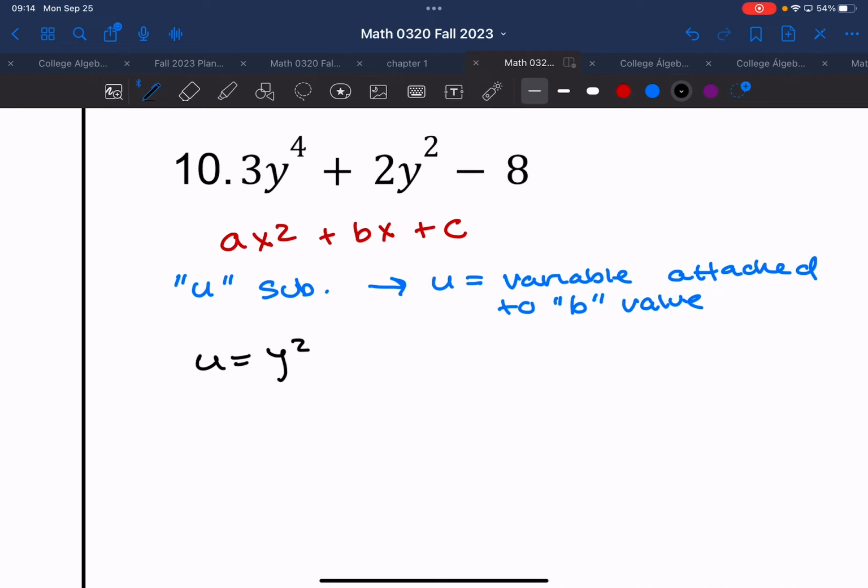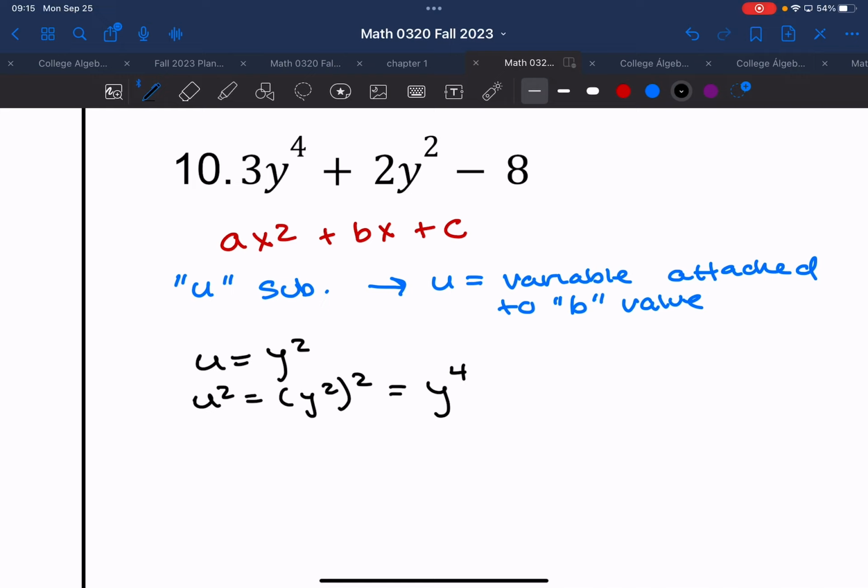So if we were to square u, that would be y squared squared, which gives us y to the... What happens when you square a square? You multiply it, right? So 2 times 2 is 4. So now I'm going to rewrite this problem in terms of u. And you'll see what happens here when I do that.